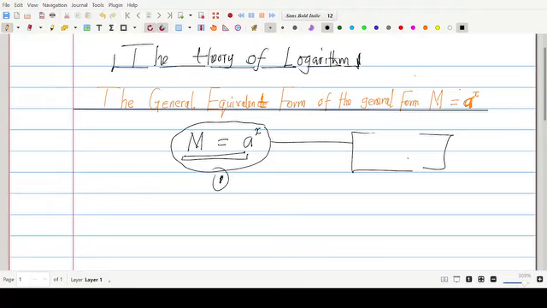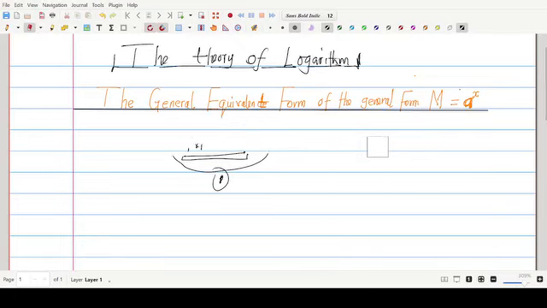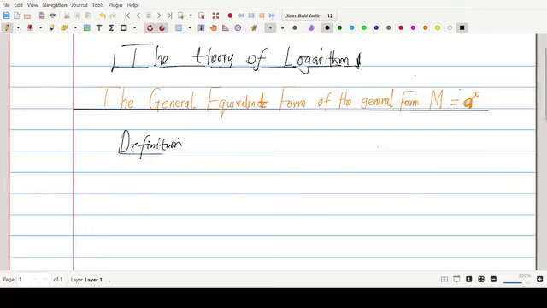Let's quickly dive into the work and give our definition. We'll start with the definition. We define m equals a to the power x to be equivalent to, and this is the symbol for equivalence, a double implication, which some textbooks call if and only if, a necessary and sufficient condition.